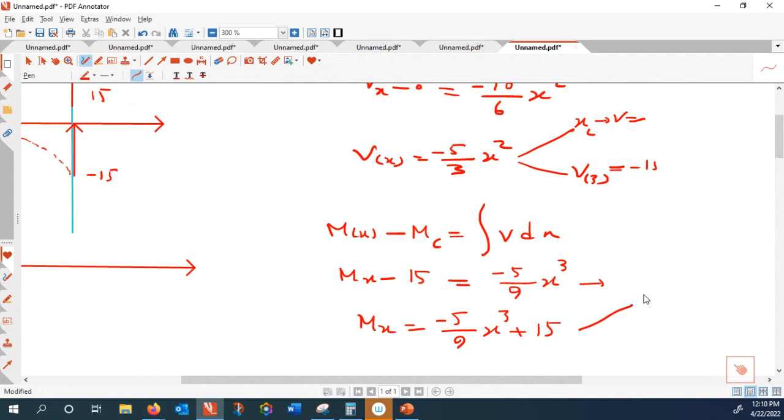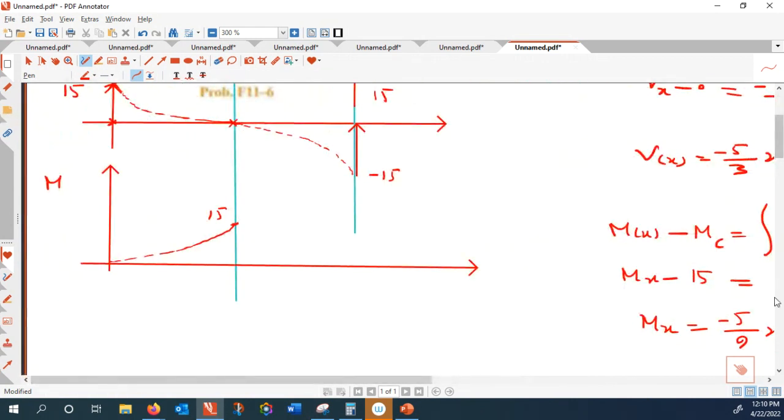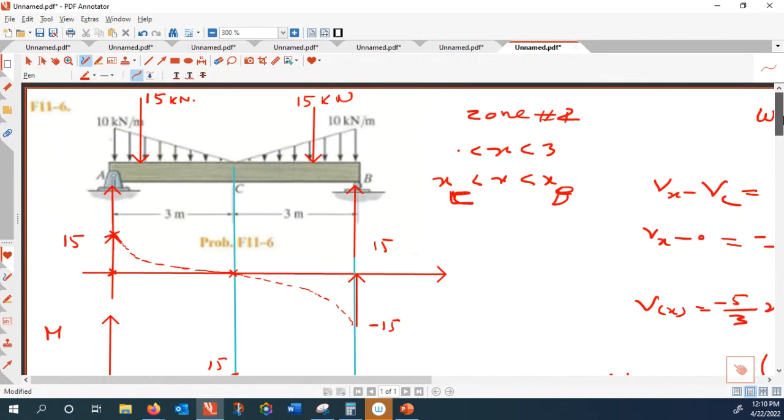If I plug x equal to 0, that is plus 15. If I plug x equal to 3, that is 0. That makes sense because the end point is a pin. At a pin, you can't have any non-zero moment. Here the moment should be 0.